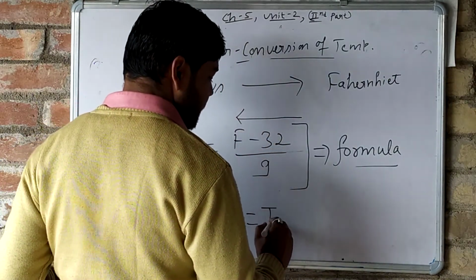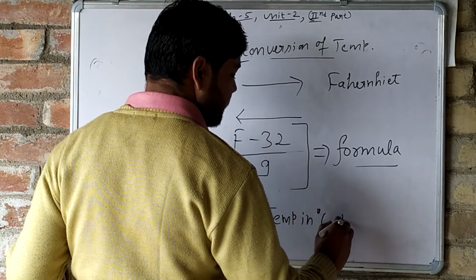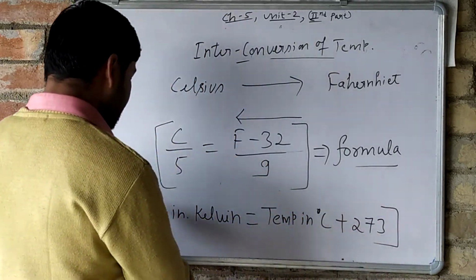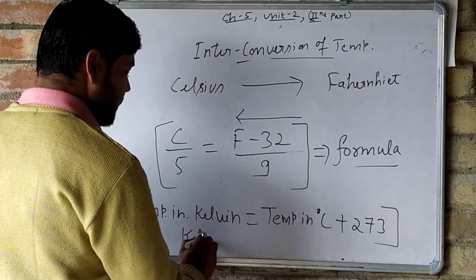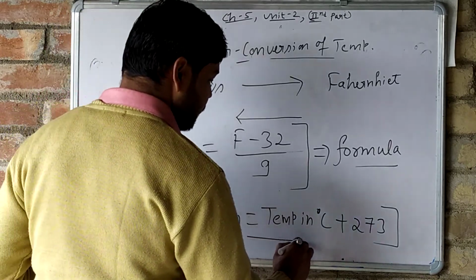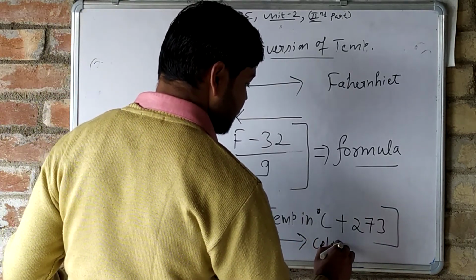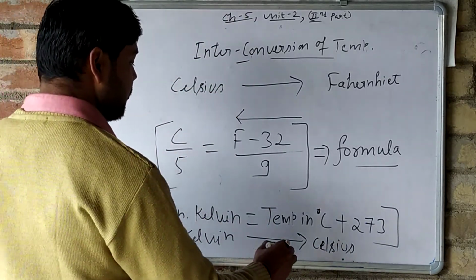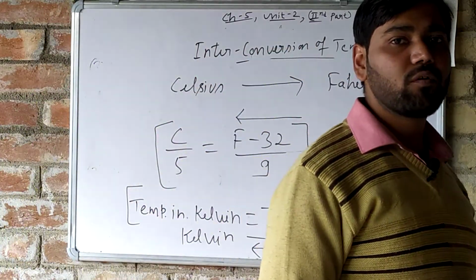Temperature in degree Celsius plus 273 will give the temperature, which is the interconversion from Kelvin to Celsius and from Celsius to Kelvin. In both cases we will use this formula.